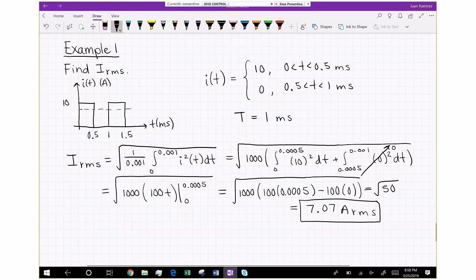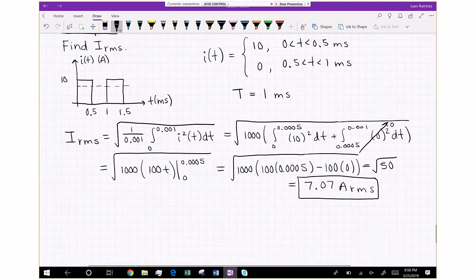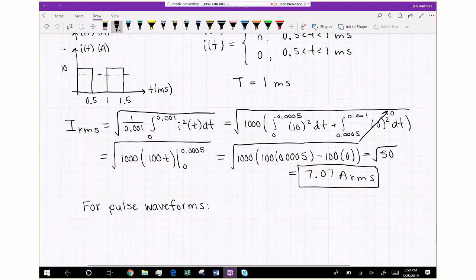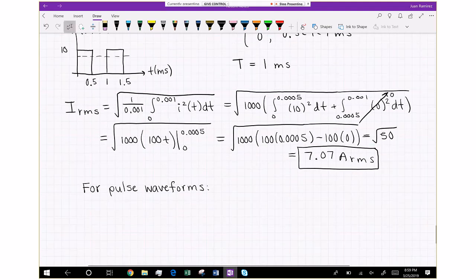In fact, there's a formula for the RMS value using a duty cycle. So for pulse waveforms, we're going to create sort of a general formula. And that formula, I'll give it to you as a current, let's say.